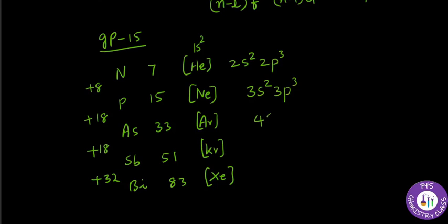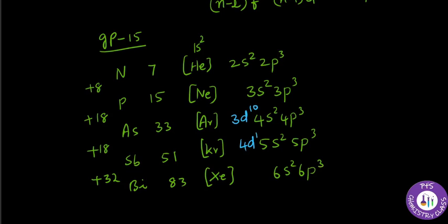And then 4s2, 4p3. 5s2, 5p3, 6s2, 6p3. That's all. And as I told you before 4s you will have 3d10, and you will have 4d10, and you will have 5d10, and before 5d you will have 4f14.